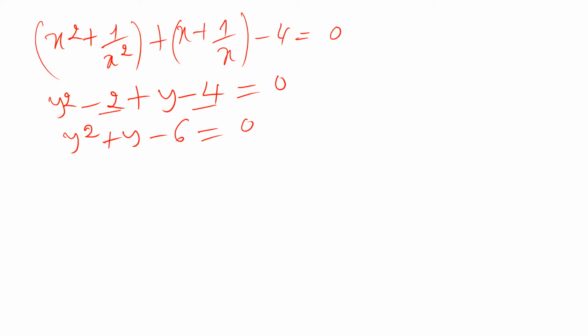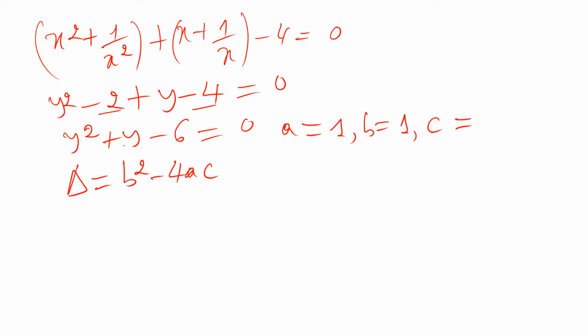Now we're going to solve this quadratic equation. Then delta equals b squared minus 4ac. Now in this equation, a is the coefficient of y squared, which is equal to 1, b is the coefficient of y, equal to 1, and c is the independent term, which is negative 6.